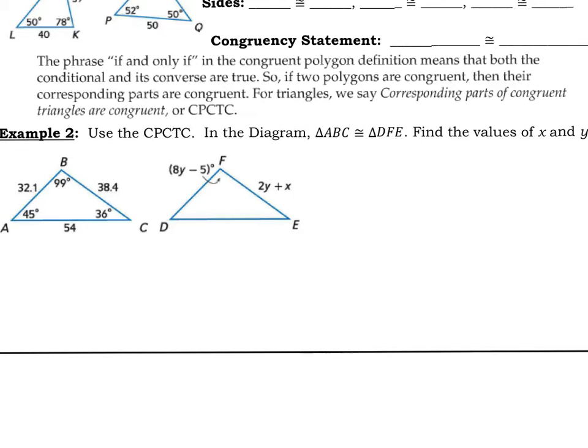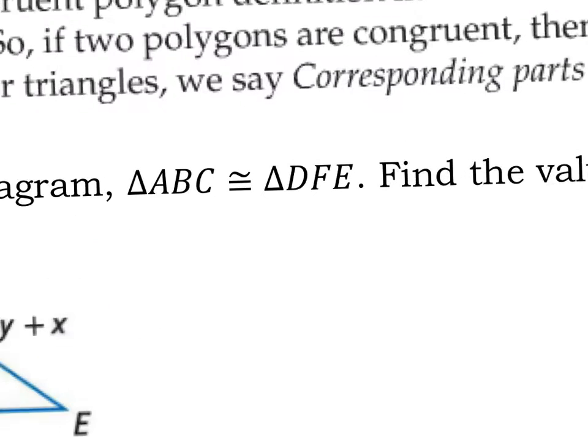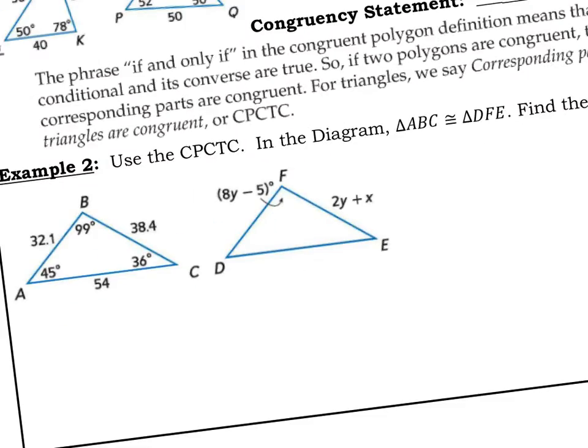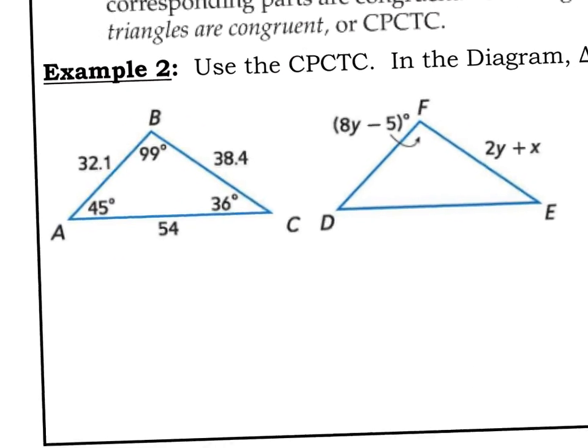So it's just the reverse is true. Before we said, hey, all these parts are congruent, so therefore the triangles are congruent. Now going backwards, using the properties of CPCTC, it says, hey, these two triangles are congruent, so therefore all the other corresponding parts must be congruent.